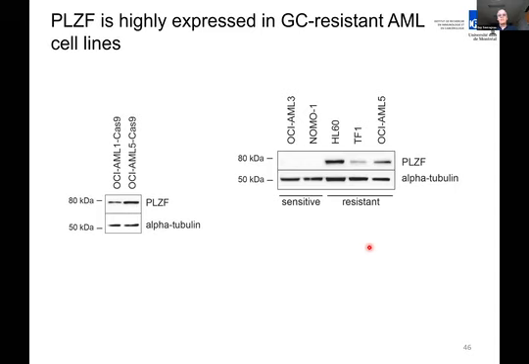So one thing that we see is that PLZF is highly expressed in the glucocorticoid resistant AML cell line and not so in the sensitive, although when we look at a larger panel, it's not so black and white. And it's obviously expressed in the 2 cell lines that we used for CRISPR-Cas9, although a little bit higher expression in the AML5 than the AML1.